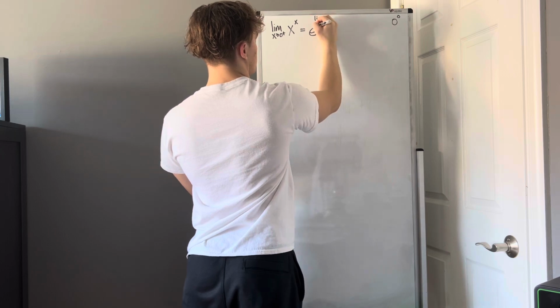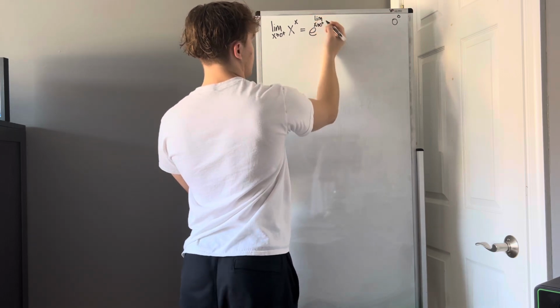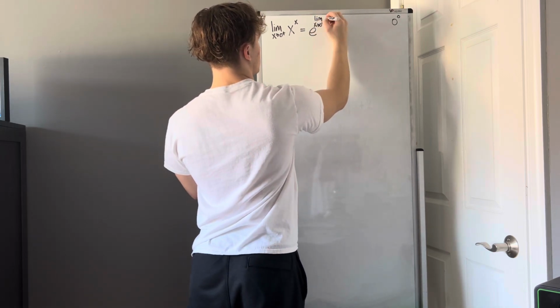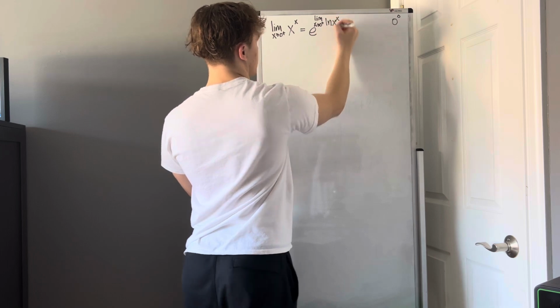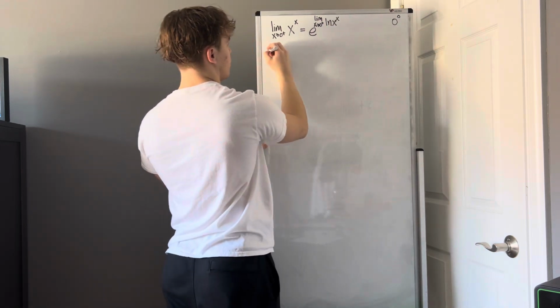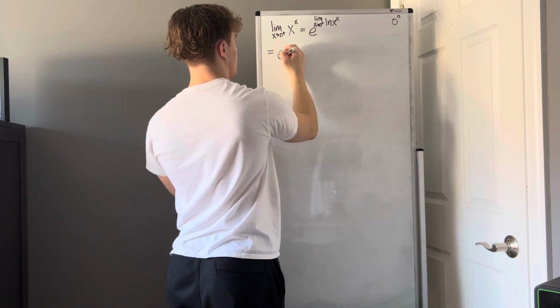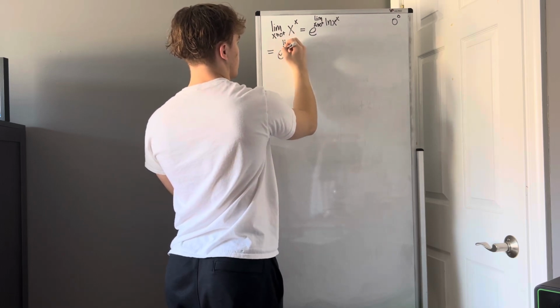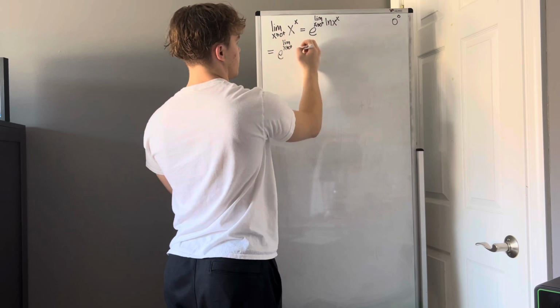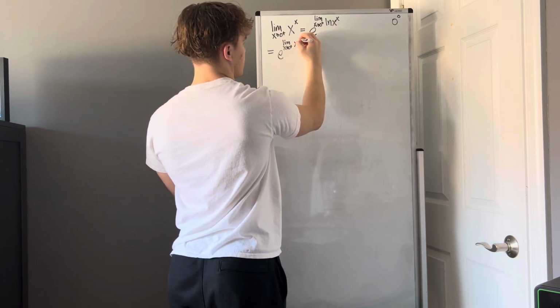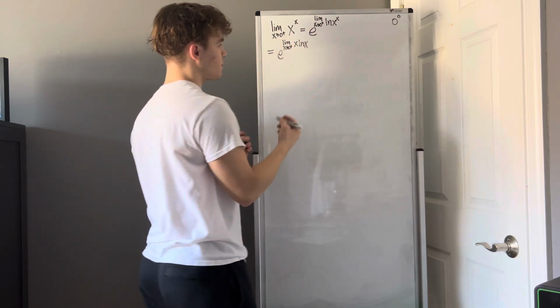This time I'm just going to take the limit up immediately because we know that we can do that. Let's take the x out front. We get e to the limit as x approaches 0 from the positive of x ln x.